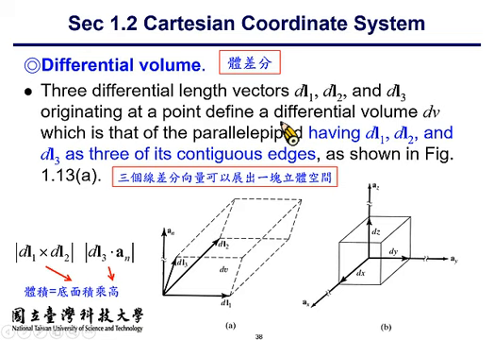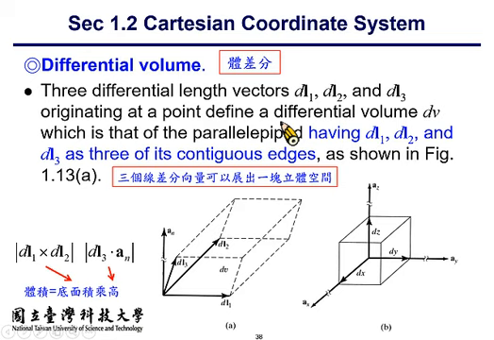So if you have 3 differential lengths, dL1, dL2, and dL3, you can imagine that dL1 cross dL2 expands a differential surface, which is this parallelepiped drawn on the plot. And so here you have the area size.